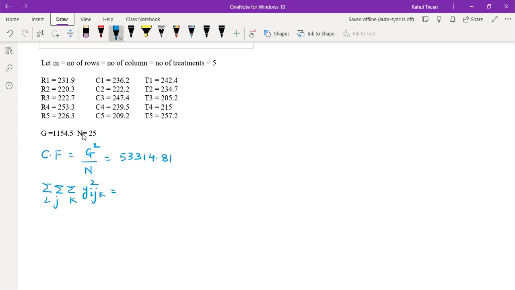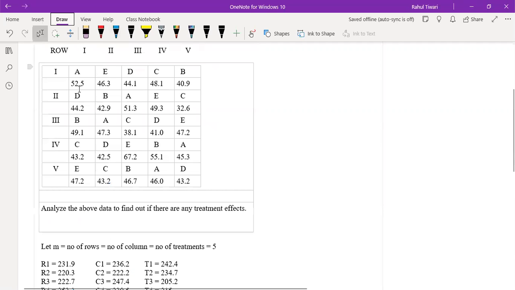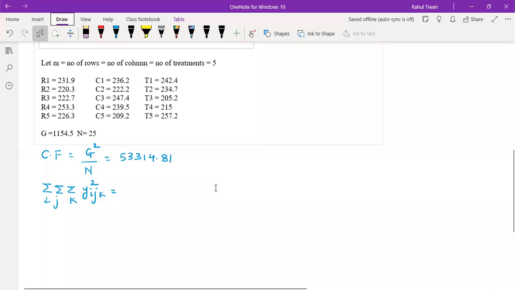So you will get this when you feed all these 25 observations in your calculator, or you can do it individually. So 52.5 square, 46.3 square, like that. Okay. So you can do it that way also. And after feeding that, you may get this answer. One can just do the cross validation.